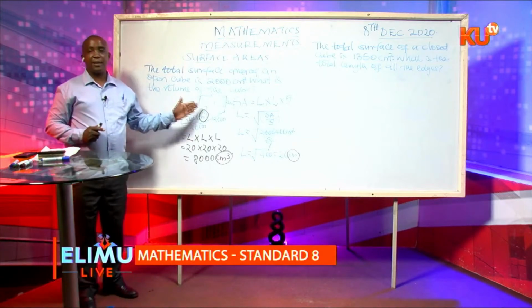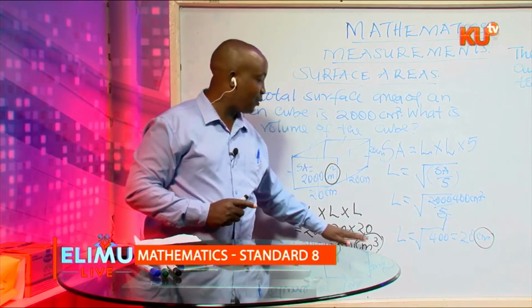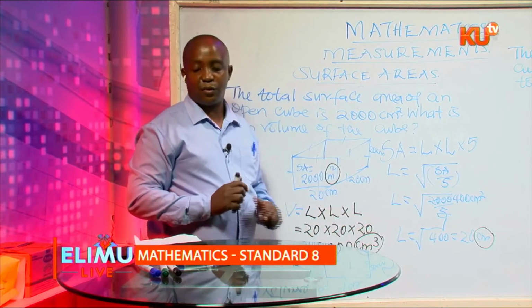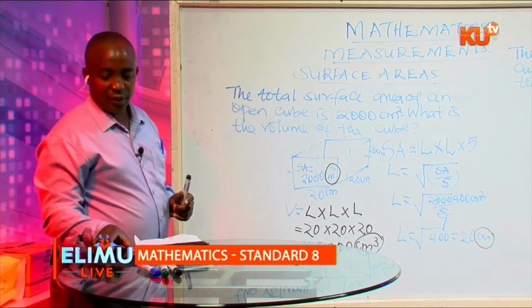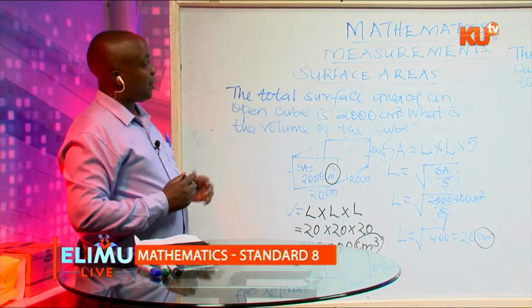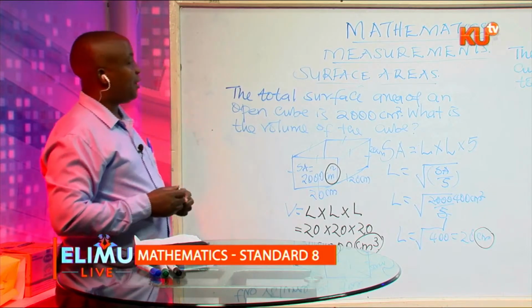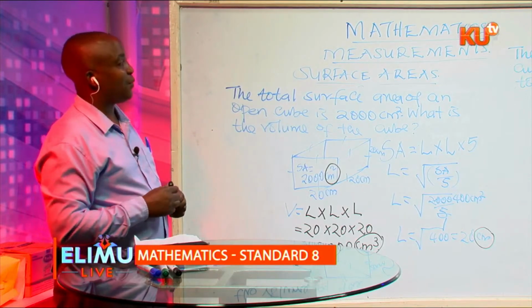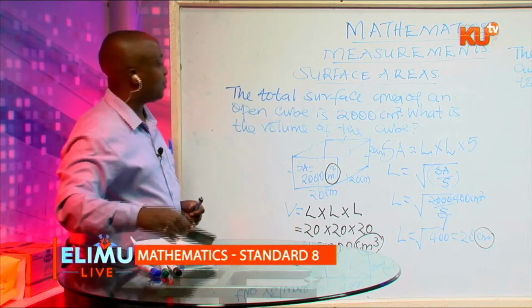The area is either square meters or square centimeters, and the volume is either cubic meters or cubic centimeters. So we have come to the end of working out the total surface area of cubes, whether open or closed, and at the same time we have looked at how to find the length of one side of the cube.